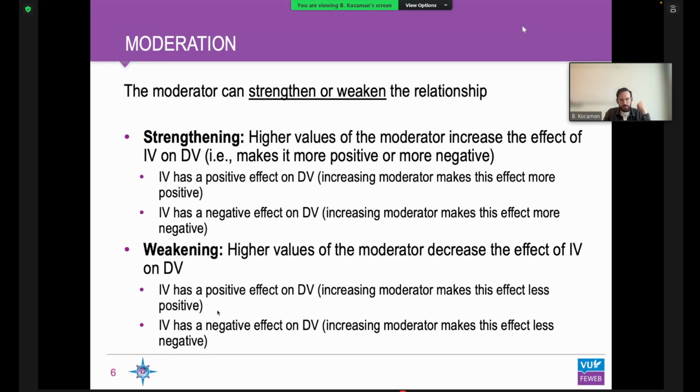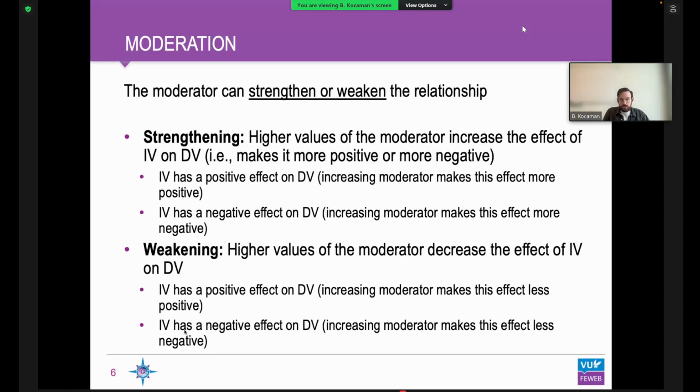The same we will talk about in the weakening effect. Here the higher values of the moderator decrease the effect of IV on DV. In this case, for instance, if your IV has a positive effect on DV, for the moderator to be weakening, increasing the moderator should make this effect less positive.